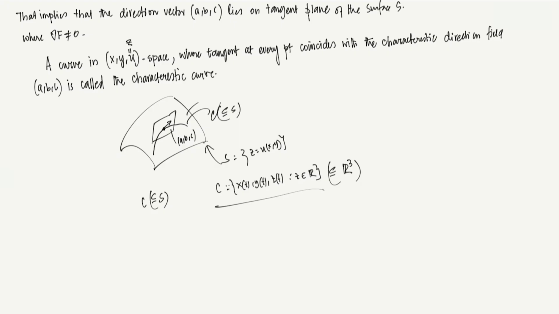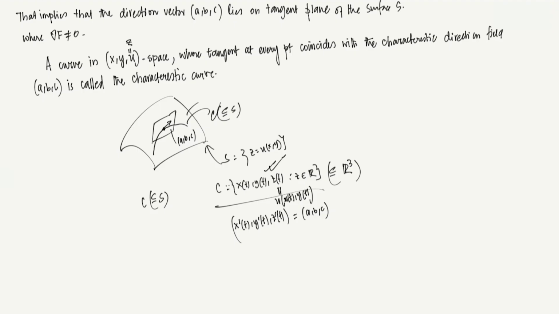Now what is so special about C? C lies on S, so this z is nothing but u of x of t, y of t. That's your C. Now C has this property that the derivative of C, that is x prime of t, y prime of t, z prime of t, will be nothing but A, B, and C, because the derivative is the tangent.